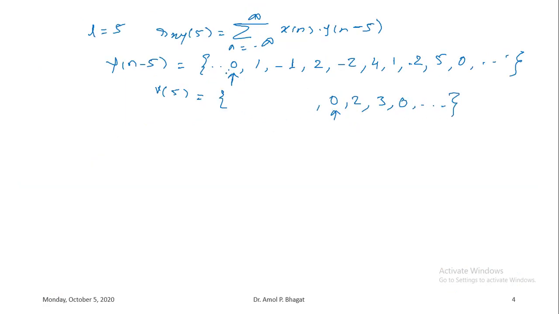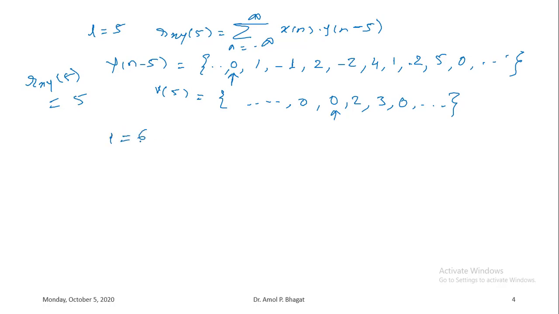On the negative side there are all 0 values, so everything will be 0. Again I will get the addition as rxy of 5 is equal to, by adding all these values I will get the result as 5, that is rxy of 5 will be 5.